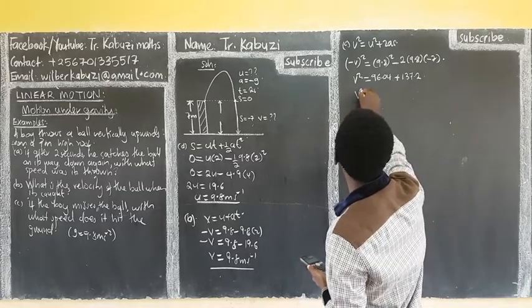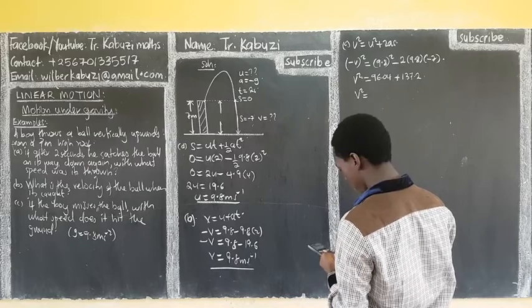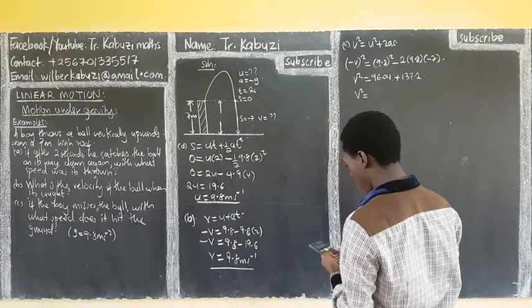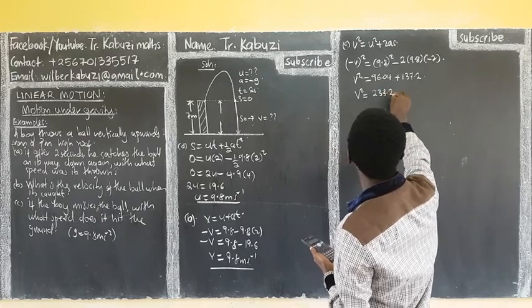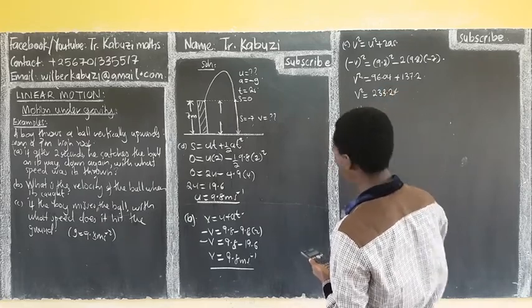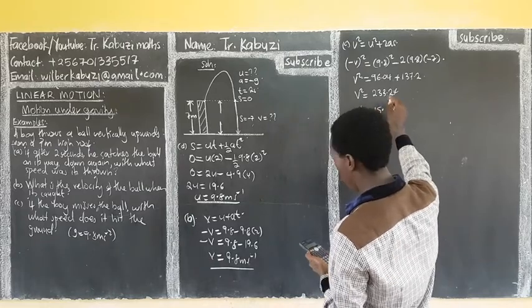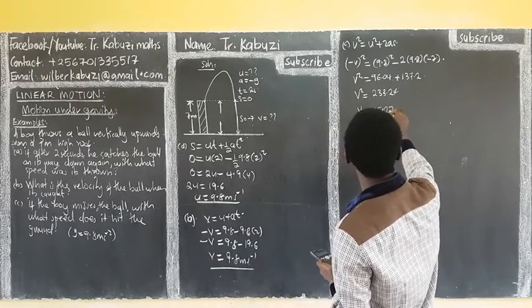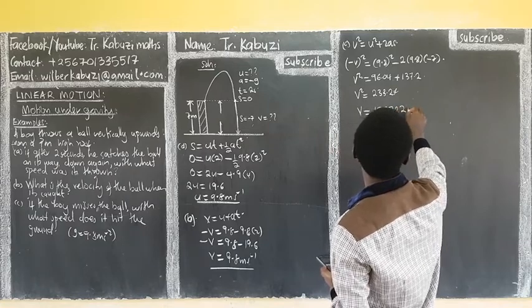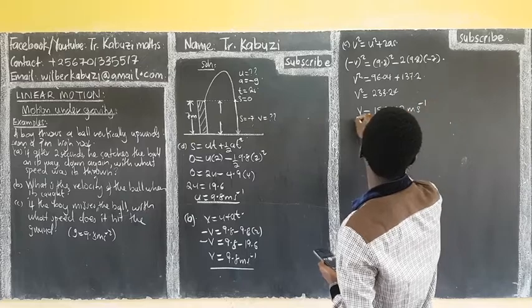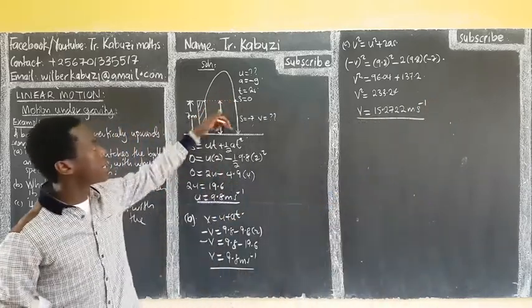And so our v squared here, we shall get 233.24, and we take the square root of both sides. We get 15.272 meters per second.